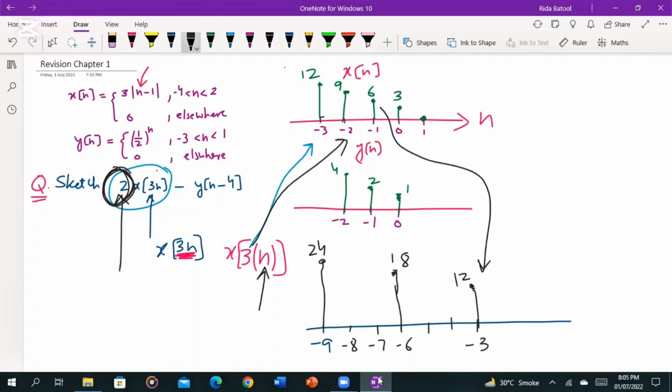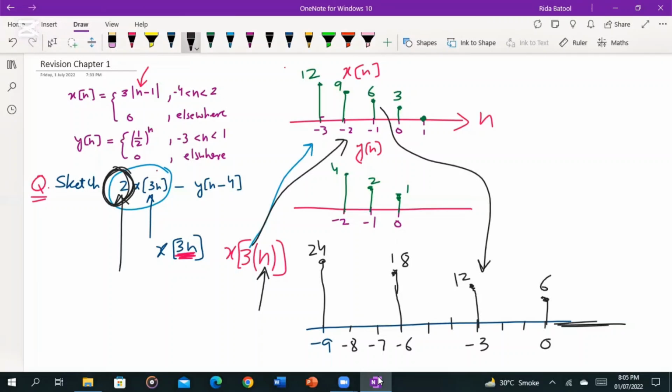Similarly, multiply 3 with the next value of n, which is 0. 3 zeros are 0. So at 0, the amplitude will be 3 2s are 6. Now the last amplitude, which is 0, will stay 0.